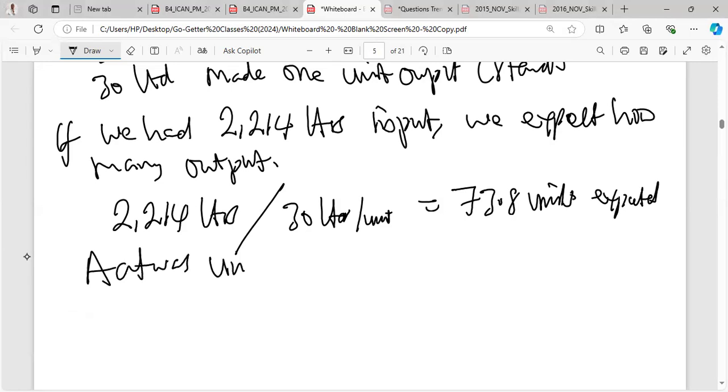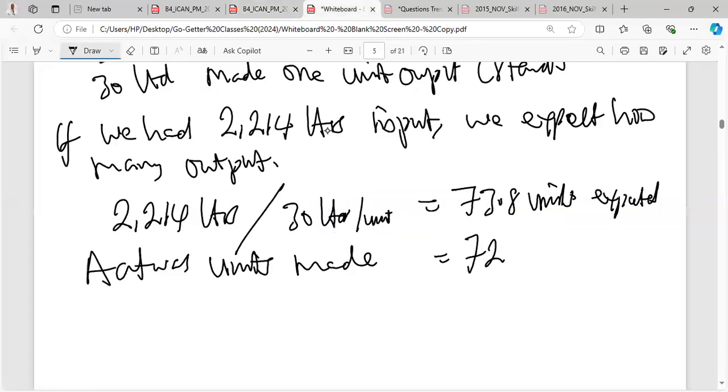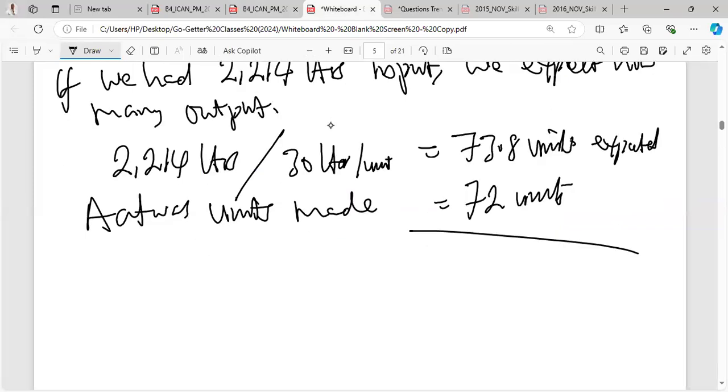Actual units made is how many? From the question, we made 72 units. So the variance is 1.8 units.